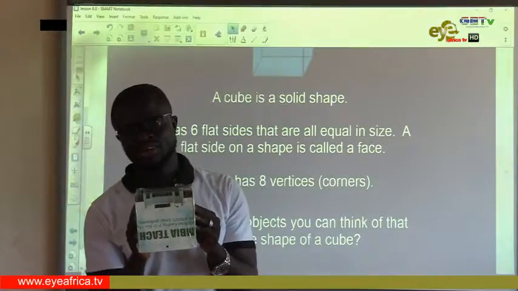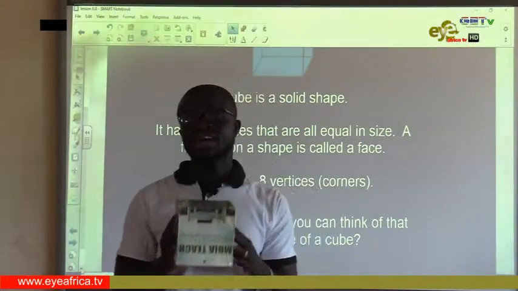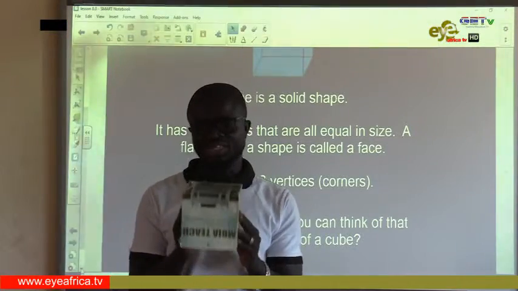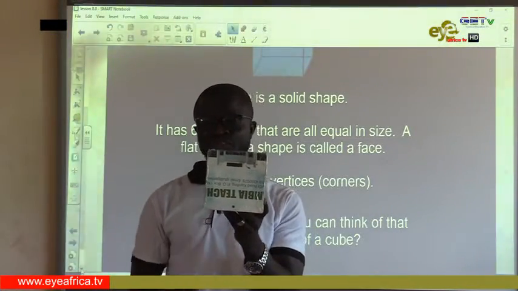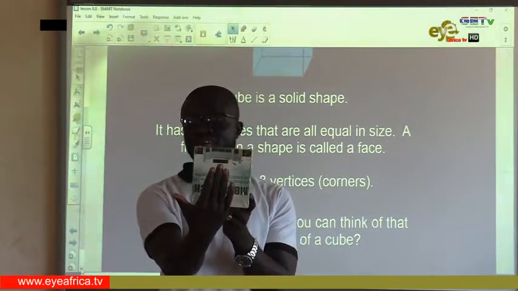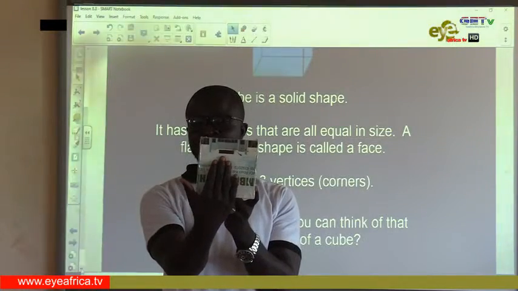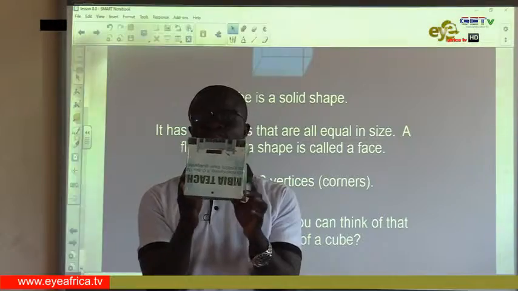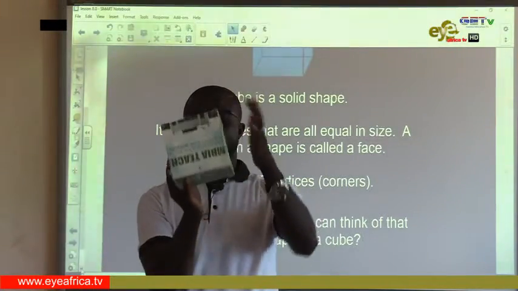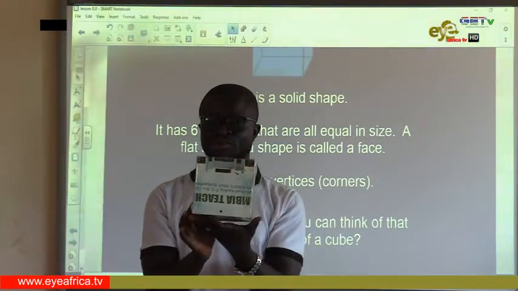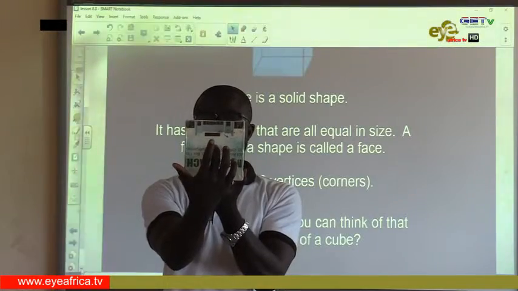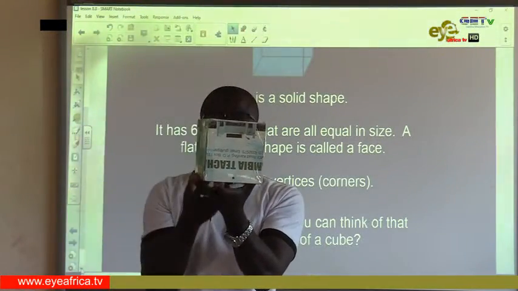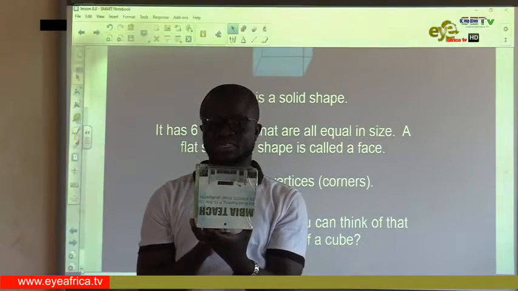Among the properties again, we said that it has 6 sides or 6 faces. Can we count them to confirm that? We start from this side. We have 1, 2, 3, 4, 5, and then 6. Can we count again? We have 1, 2, 3, 4, 5, and then 6.